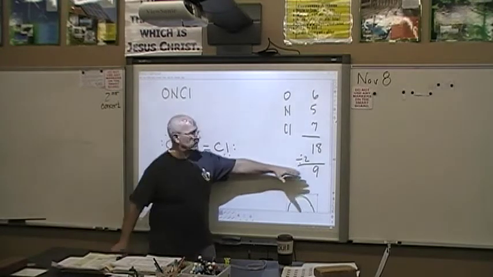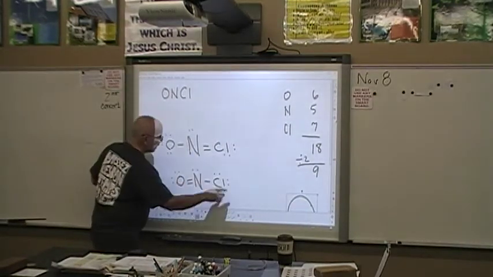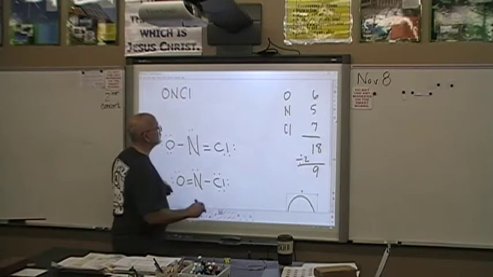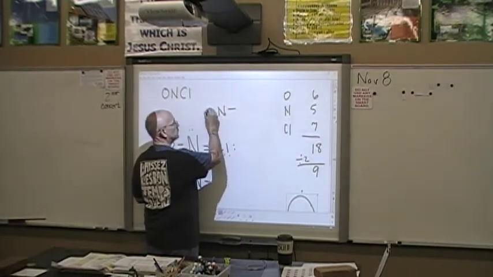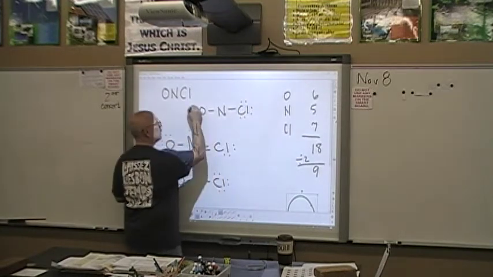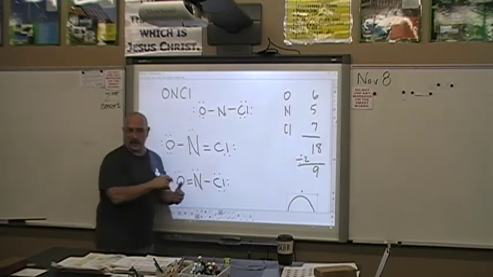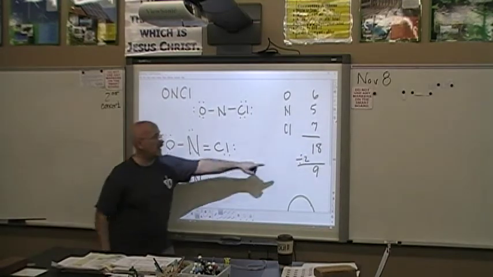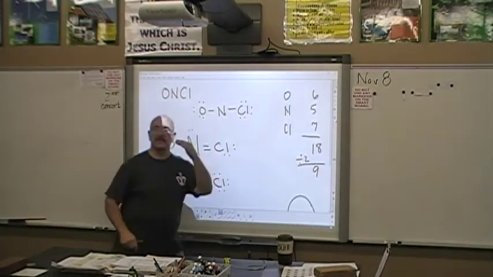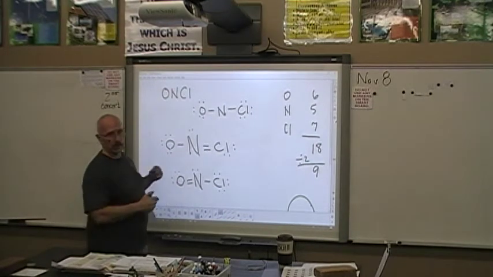I had 9 pairs of electrons. We found a home, the step before this. We started with single bonds. 1, 2, 3, 4, 5, 6, 7, 8. I had 8 pairs of electrons, but I have 9 available. And the steps that we covered in class yesterday say if there's extra electrons, the central atom gets them.